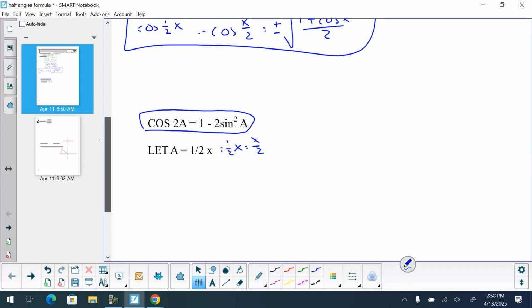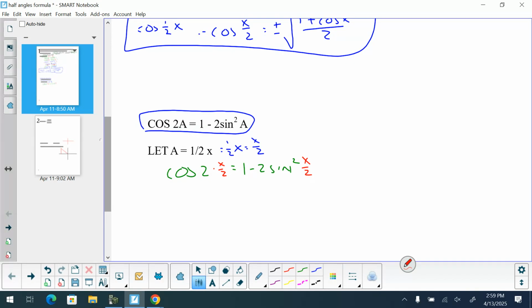So this is going to look very similar to what we just did. Cosine of 2 times x over 2 is equal to 1 minus 2 sine squared x over 2. So we've made basically the same substitutions we just did in the previous problem.